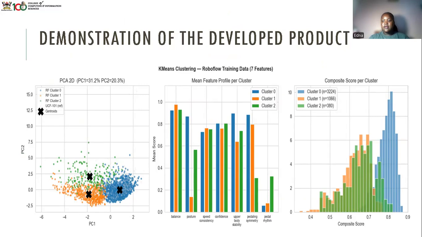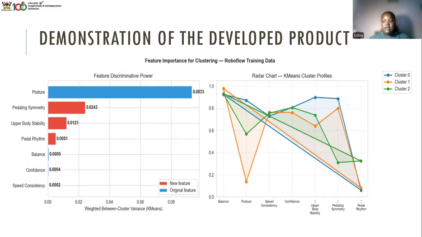This slide shows the K-means PCA scatter as well as the between-cluster variance chart that I have already explained. And for this other slide, we have the radar chart as well as the silhouette plot, which have also been discussed.